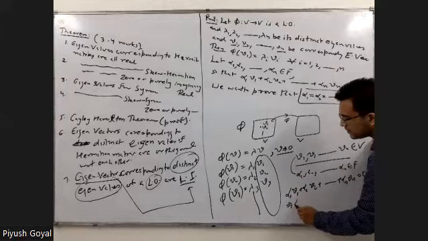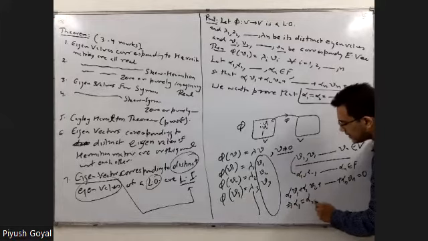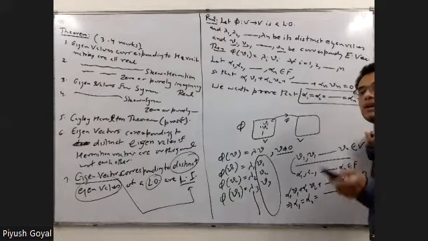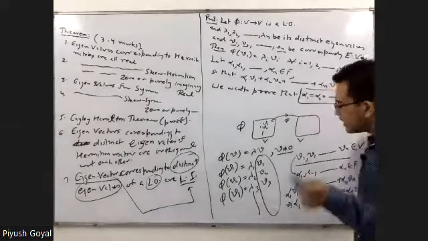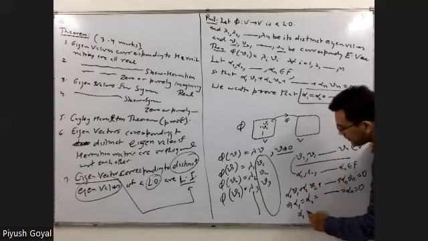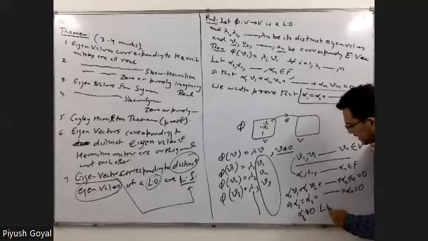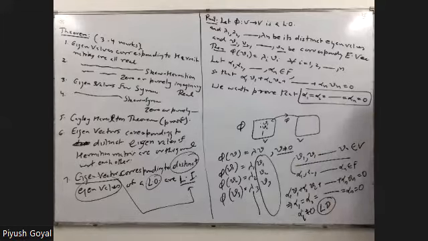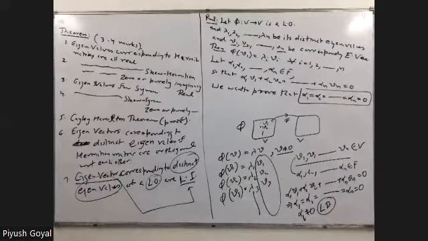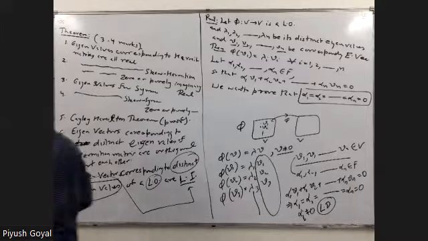When this forces all scalars to be equal to 0, the vectors are linearly independent. If at least one alpha i is non-zero, then we say that the vectors are linearly dependent. I hope you know these definitions. Okay, clear.